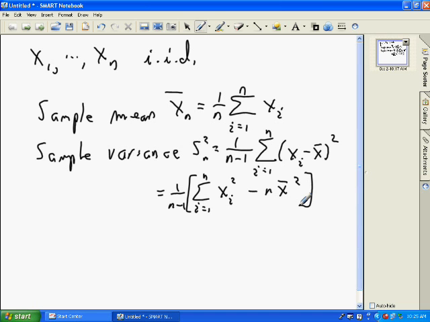Okay, what makes confidence intervals possible, if we talk about a confidence interval for the mean, again, this is based on a random sample, IID data.